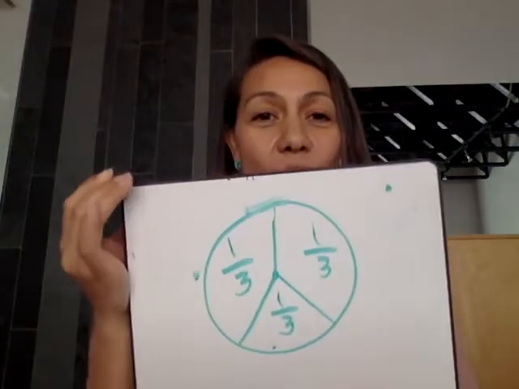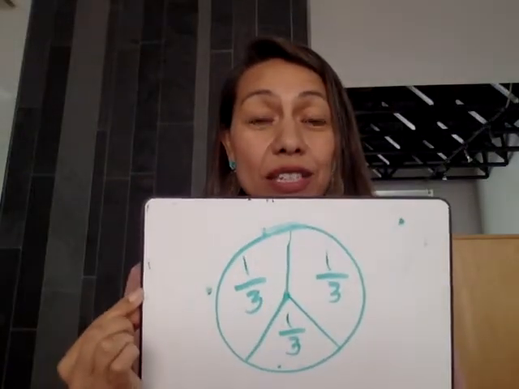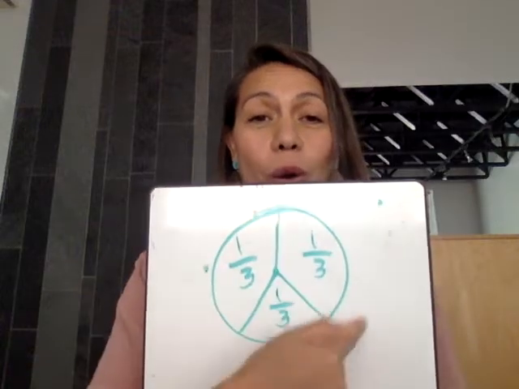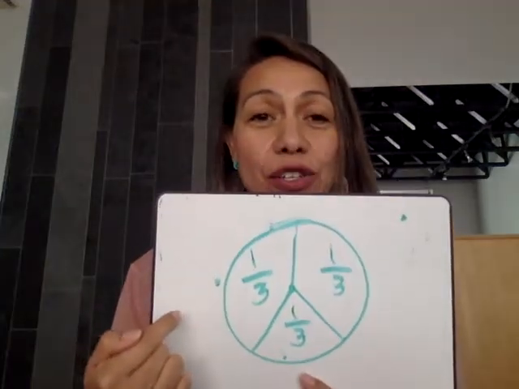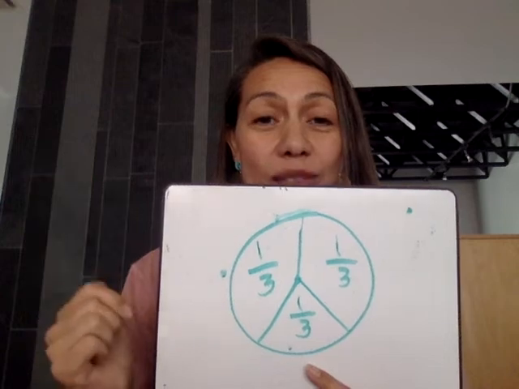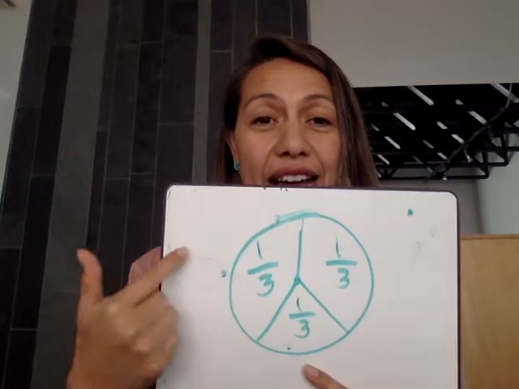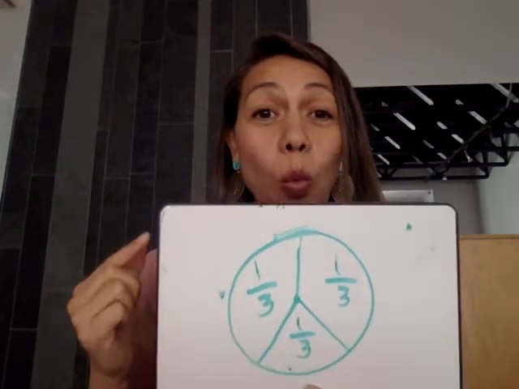I'm going to write them down, and you're just going to think about it now and then call it out. So if I cut my pizza into three equal parts, what is each part called? You ready? It's called a third. Why is it called a third? Because I had a whole pizza and I cut it into three equal sides. So now each side is 1/3 of the pizza.